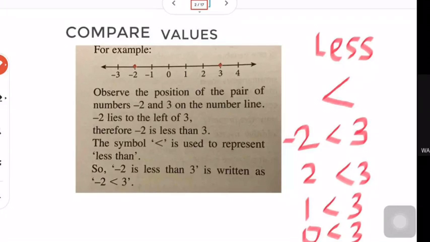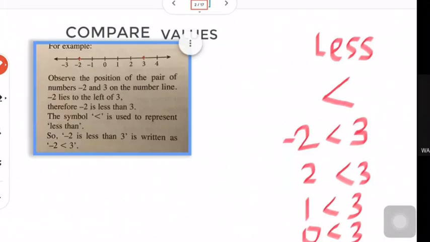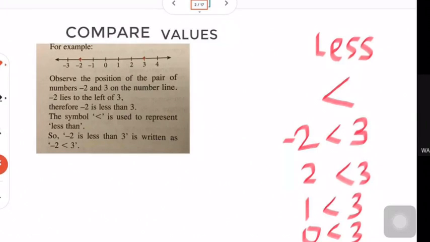If you compare 4, for example, and 3, values on the right of 3. We read the statement from the left. So 4 and 3, what can you say about the value of 4 as compared to 3?